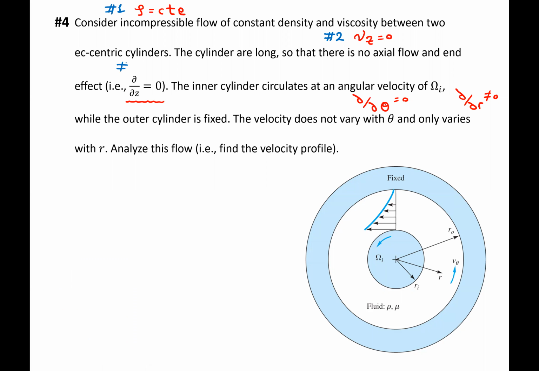This thing here is obviously number 3, meaning that there is no change in z direction. This thing is number 4, there is no change in theta direction. And number 5 is that we do have change in r direction. And then let's add number 6 and say flow is steady. Okay. And I think now we're ready to start with continuity equation.